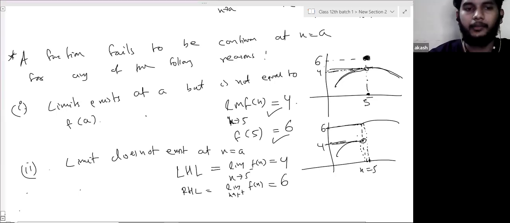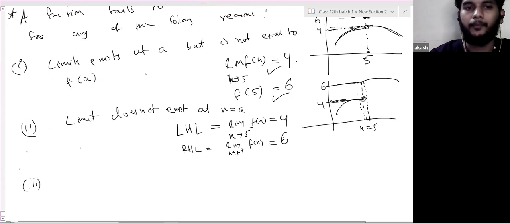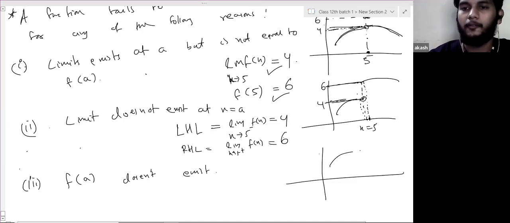What third condition? There is a third condition also, in which f of a does not exist. The value is not there in this function. So what this means, if I draw a graph like this, all right. So at x equals to 5, there is no graph, right? It's blank, open circle.